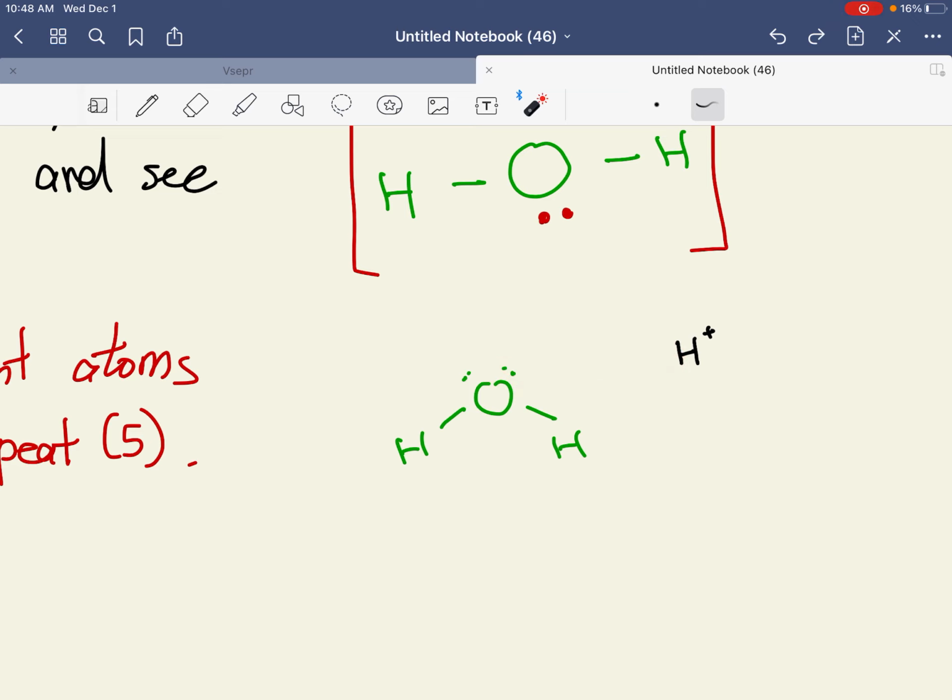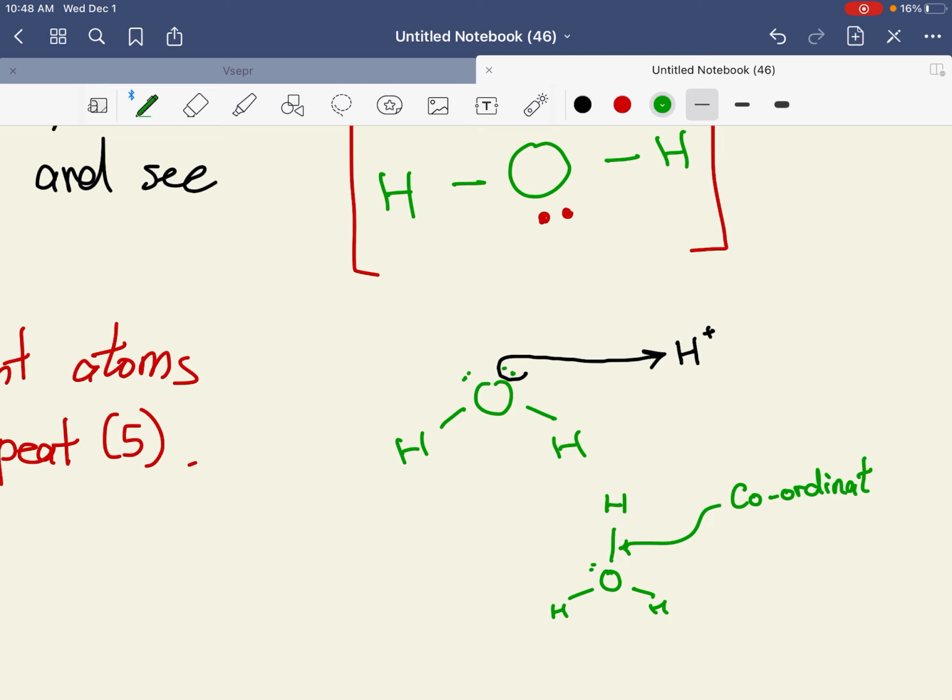So as a result, that's exactly what happens. Both of these electrons are going to be shared with this hydrogen, creating a special covalent bond. This covalent bond right here is given a name actually. It's called coordinate covalent bond.